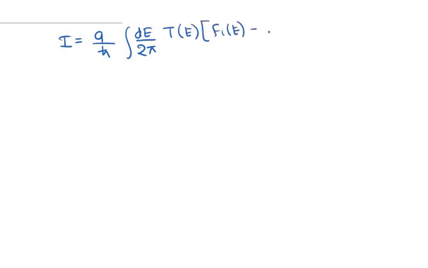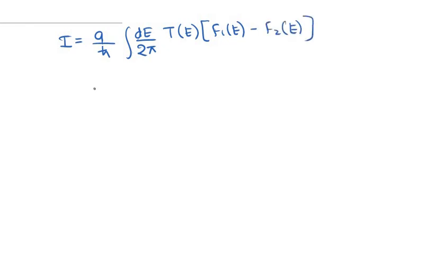So this I basically becomes equal to Q by h bar integral of dE divided by 2 pi, dE, F1E minus F2E.